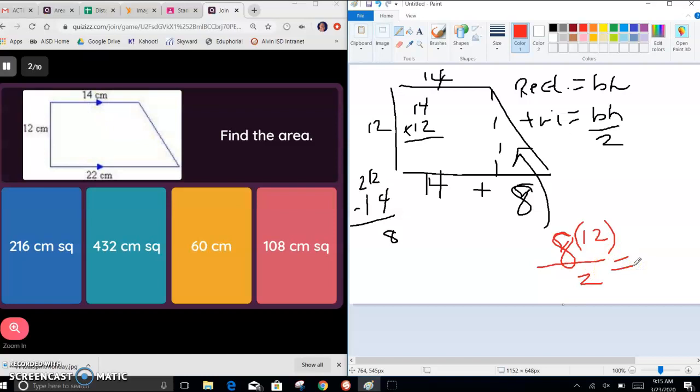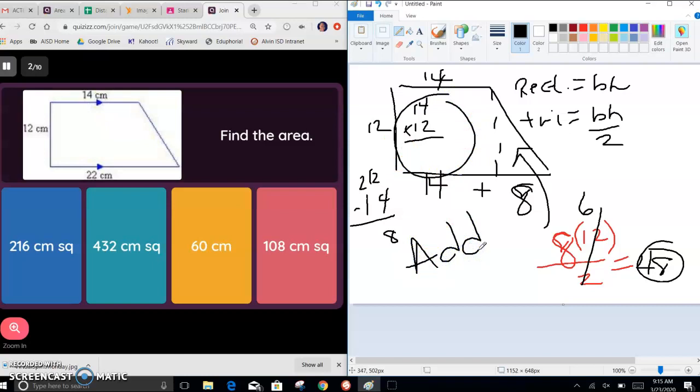You can simplify that. You can cut 8 in half, or you can cut 12 in half. I'll cut my 12 in half. 6. 8 times 6 is 48. And then 12 times 14 is going to be another number. And then you will add those two answers, this one and this one.